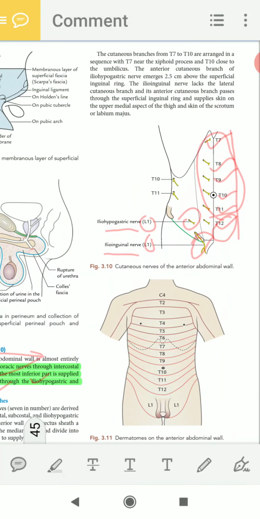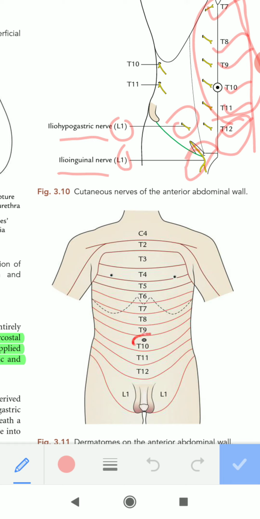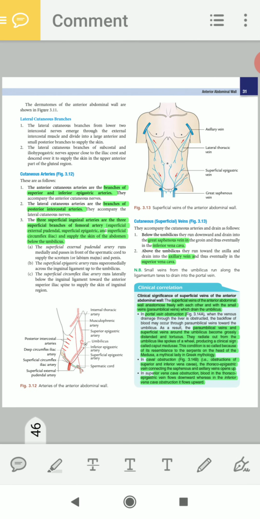And especially look at the level of the umbilicus. At the level of the umbilicus, the thoracic 10 segment of the spinal cord supplies this area, and this segmental innervation of the umbilicus is a frequently asked question in the viva. The skin around the umbilicus, which segment of the spinal cord supplies this? That is the thoracic 10 segment.